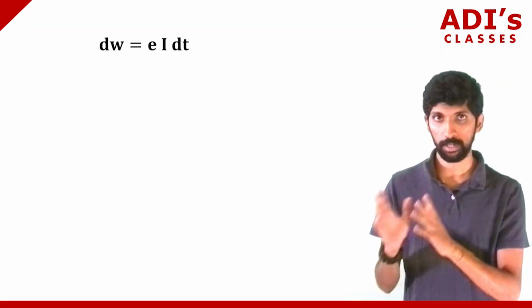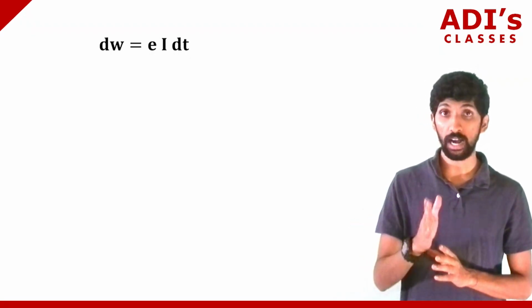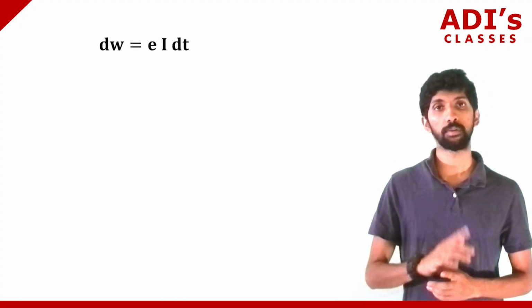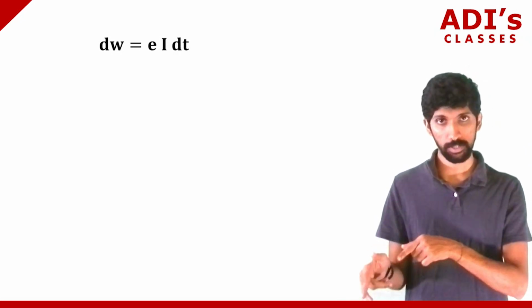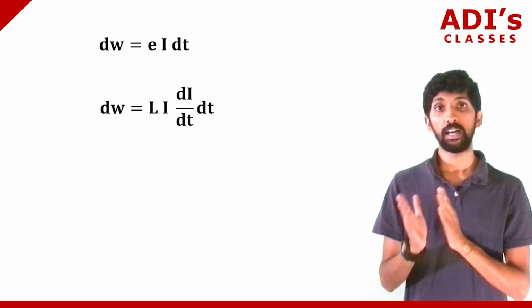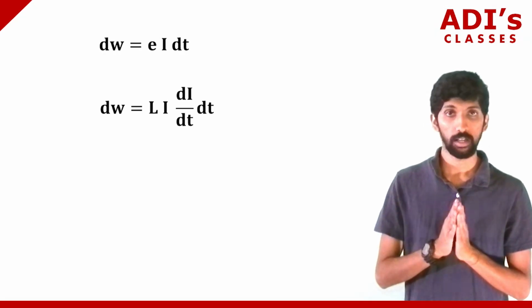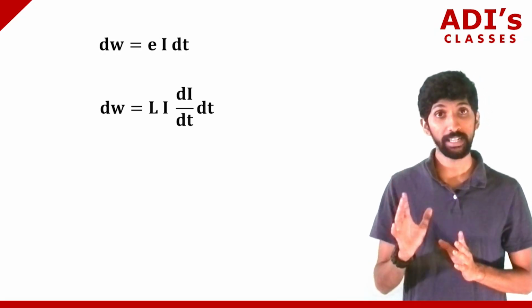Okay, coming back to the derivation, we have dW is equal to EI dt. What was E according to equation number 1? That was nothing but L di by dt. Substituting that here, we get dW is equal to L i into di by dt, correct? Now there is one more very important thing: you have to integrate.